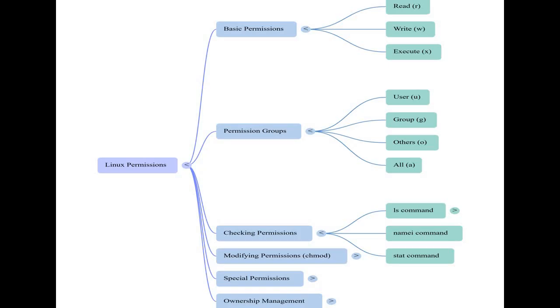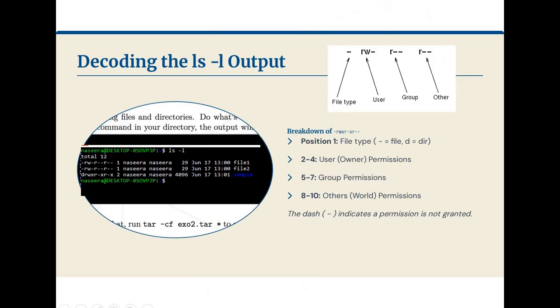Now let us see how to interpret the permissions for user, group and others. Here RW indicates read permission and write permission for the user. There is no execute permission, hyphen indicates. Then for group, R is the read permission.